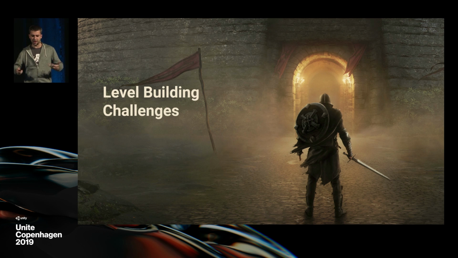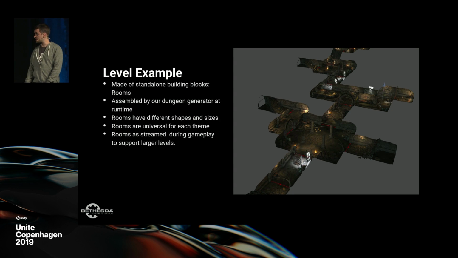But before we get into that, let's just go over the structure of our levels so that you can understand the problems that we faced. So this is an example of an editor's point of view of a level in Blades. Our levels are made of custom standalone building blocks that we call rooms. And these rooms are assembled procedurally at runtime by our custom level generator.